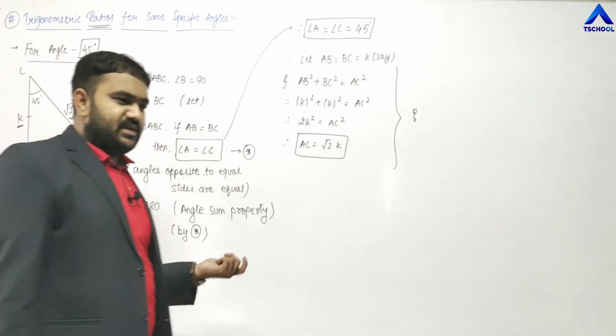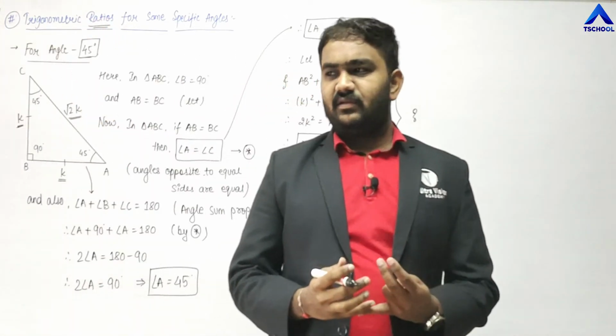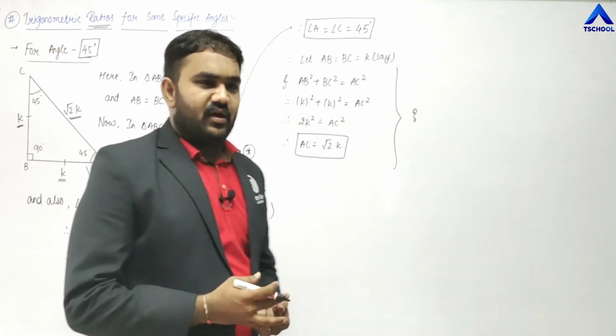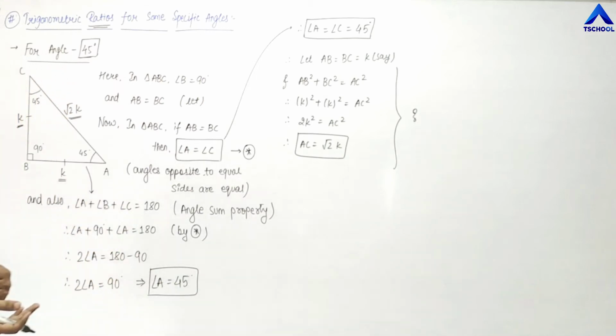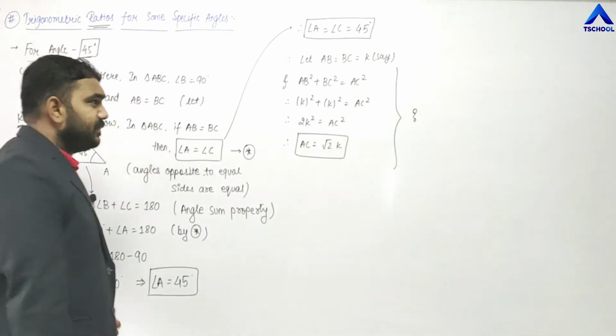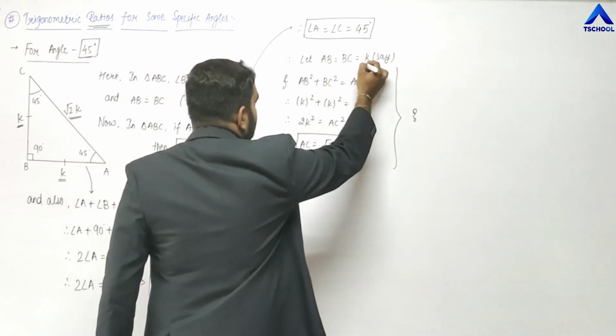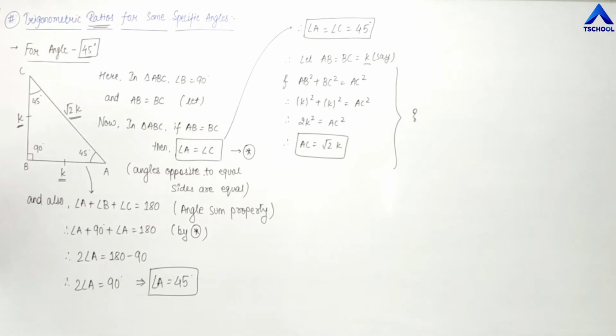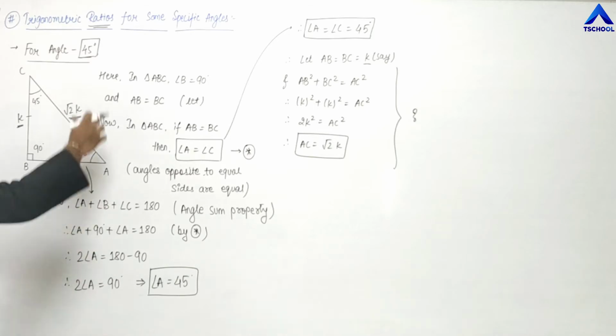So ratios means we have studied in the first topic sin A, cos A, tan A, cot A, sec A and cosec A. And for applying these ratios, we will require the sides. So in the first place, we have taken this AB equals to BC equals to K, right? And in the second place, we have let that these both sides are equal to K. Yes or no?